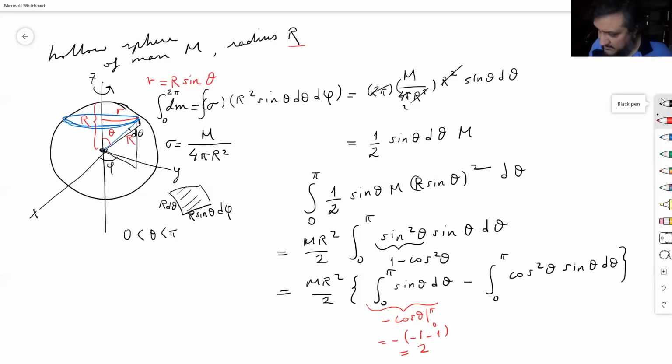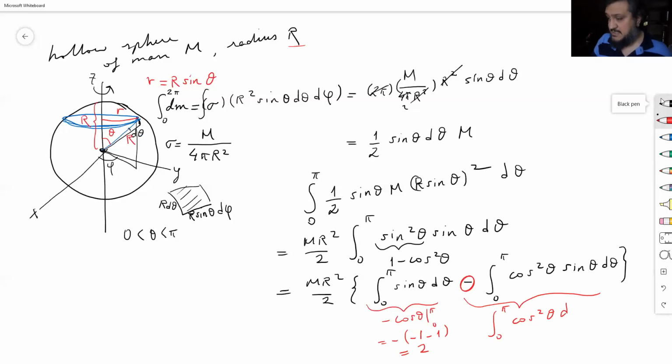Now the second integral. Let's rewrite it as 0 to pi cosine squared theta. Let's take this negative sign here and write it here, negative sine theta d theta, which is the differential of cosine, right?